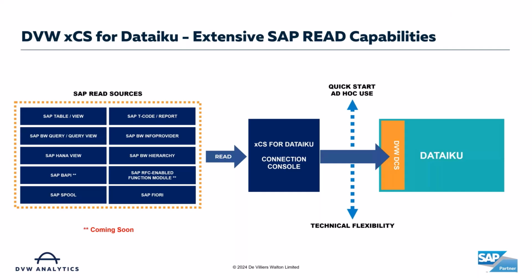We operate via the SAP application layer, which means that all the governance and controls built into the SAP system are automatically respected by our software. The authorizations built in are respected by our software. So as a user, you can do no harm to the SAP environment. And as a user, you can only access that data that you're authorized to access within that particular environment.